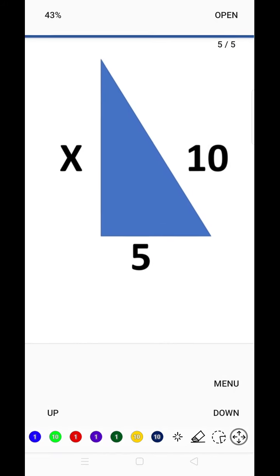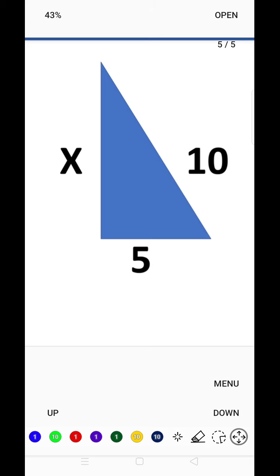Next question. Again I am taking an example where the hypotenuse is 10 and the base is 5. The hypotenuse is double the base. So the value of x will be 5 root 3.